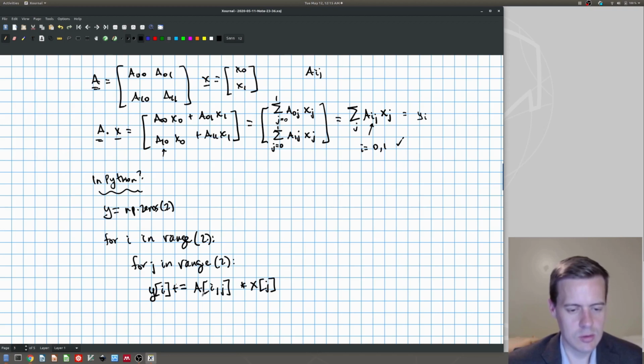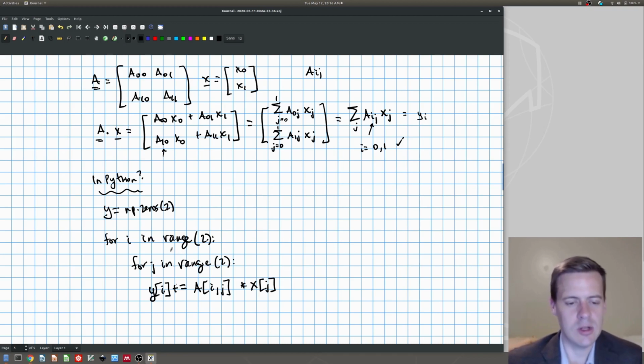Plus equals aij xj. Because what happens is the first time I go through, I'm going to do a0,0 times x0, and then I need to add to it a0,1 x1, and that adds to the yi. The second time I go through this i loop, i increments, and I do this on my first j loop, and I do the second one on my second j loop.